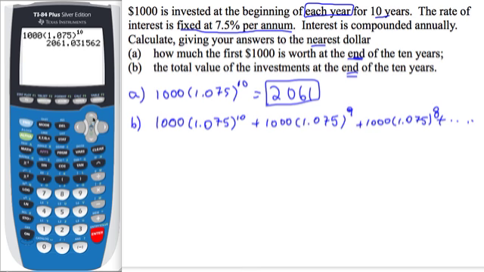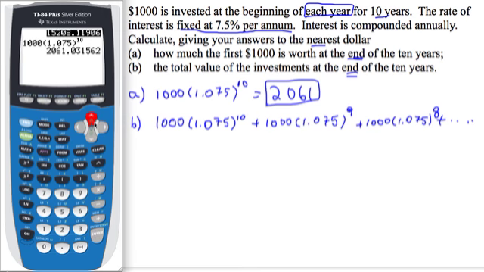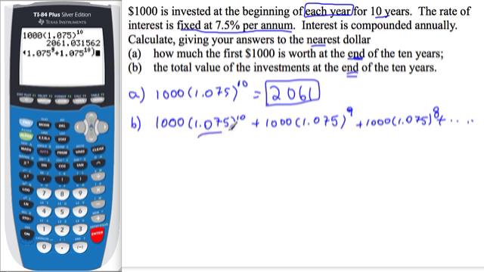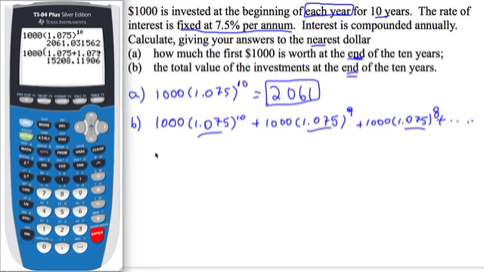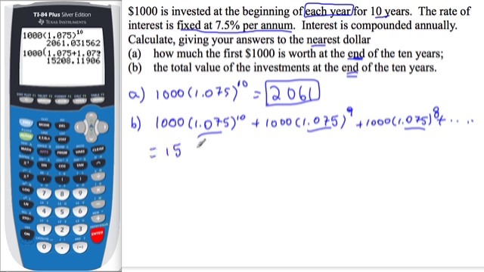So to save time, I put this all in already, and I factored out the 1,000 and left these terms here as a sequence being added, right? And if you put that all in at once, you get $15,208 at the end of 10 years.